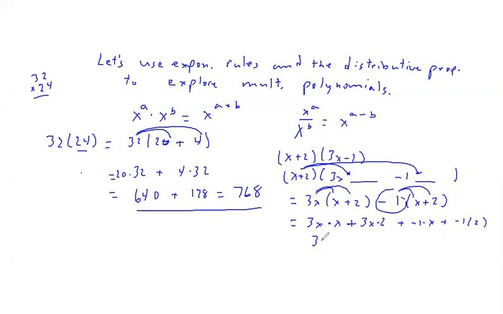So I get 3x squared plus 6x, 3 times 2. Use my commutative property and flip these two around. Minus 1x minus 2. 6x and 1x are like terms, so I get 3x squared plus 5x minus 2.